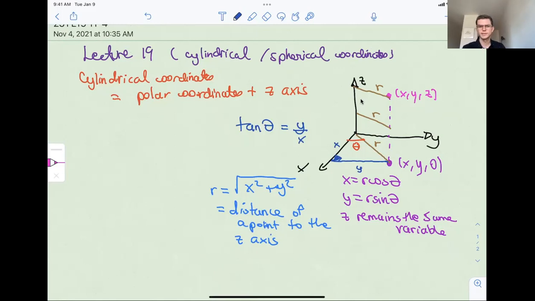Is that okay? Is that making sense? So I'm just saying that basically what we're going to do today is start with polar coordinates, but now you keep track of a third variable, which is z. But you're not doing anything interesting to z, so it's still the same.